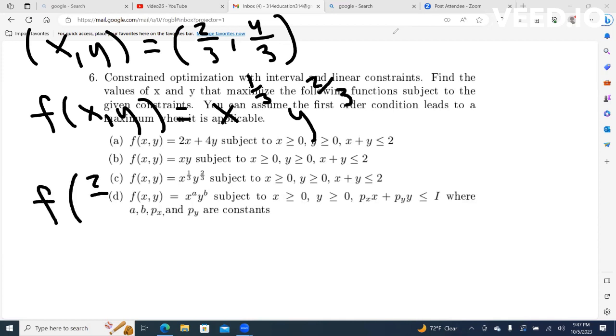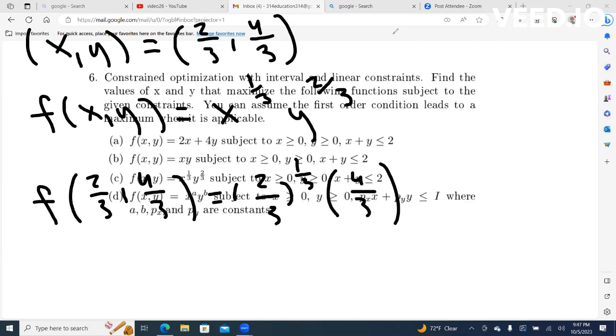So f of 2/3, comma 4/3 equals 2/3 to the 1/3, 4/3 to the 2/3. Does this thing simplify at all? What do we have? I see a 2. It's to the 2/3 there, to the 1/3.